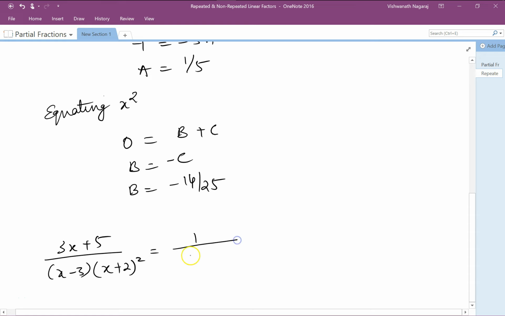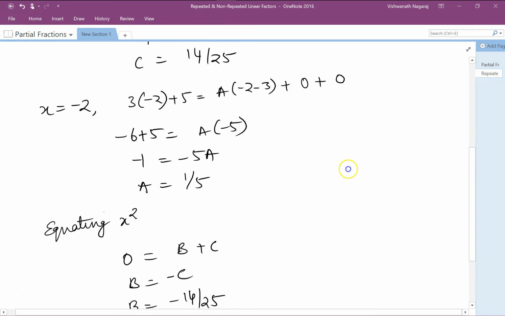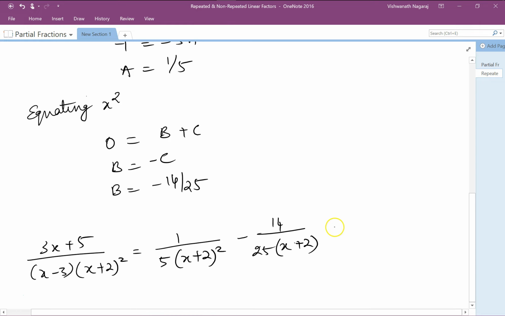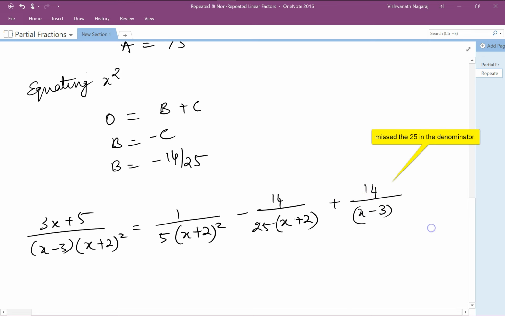So 1 by 5 times x plus 2 the whole square. b is minus 14 divided by 25 times x plus 2, and c is 14 by 25 times x minus 3 is the answer. So this is the resolved fractions, partial fractions.